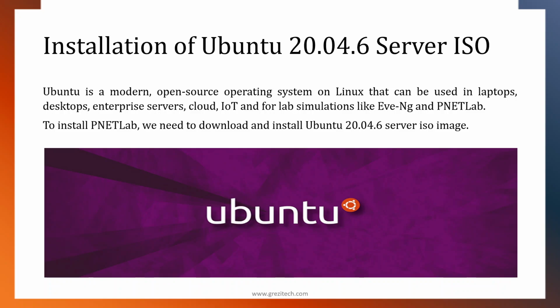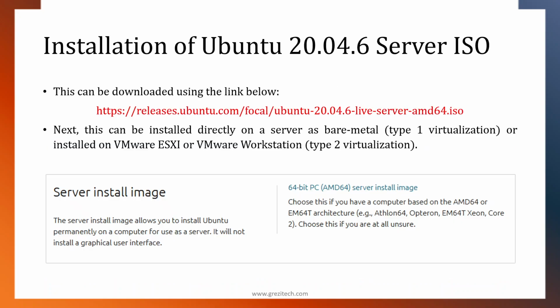So for this particular version of Peanut Lab, which is Peanut Lab version 6, the operating system version that works perfectly with it is actually Ubuntu version 20. So we're going to be downloading the Ubuntu version 20 server ISO file.